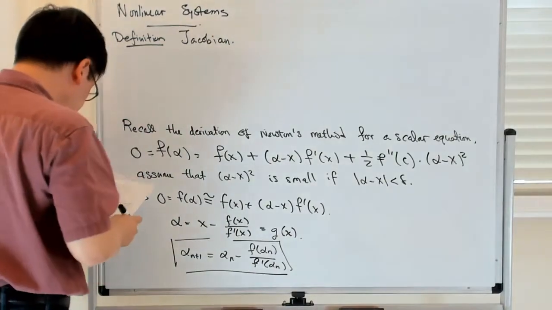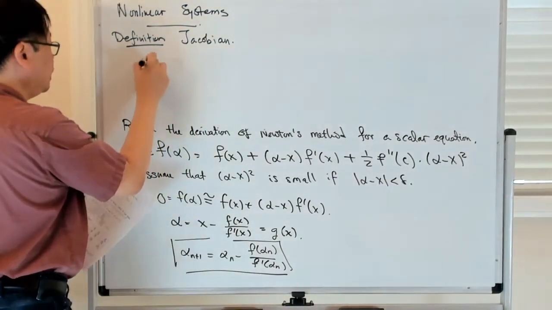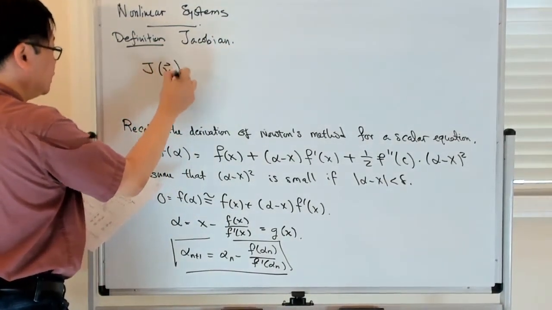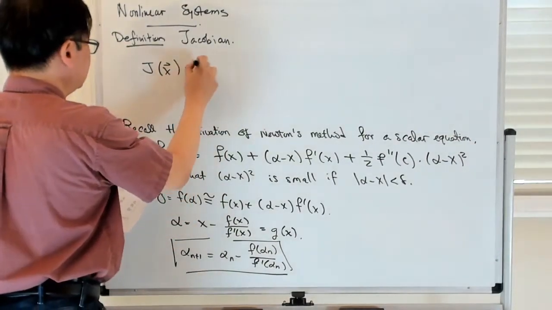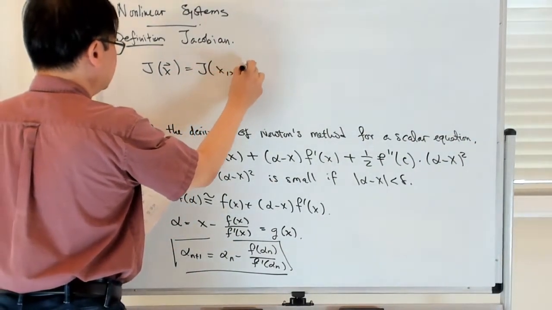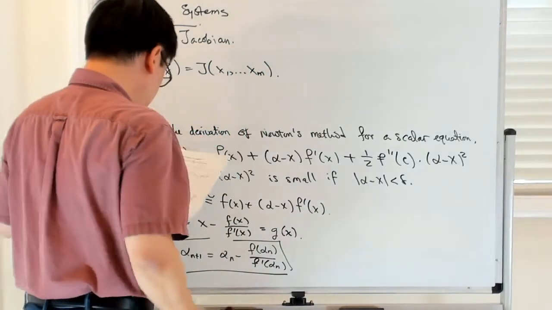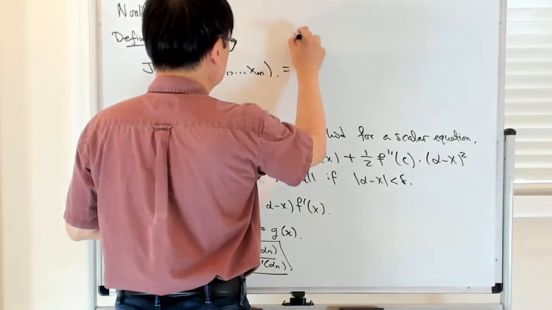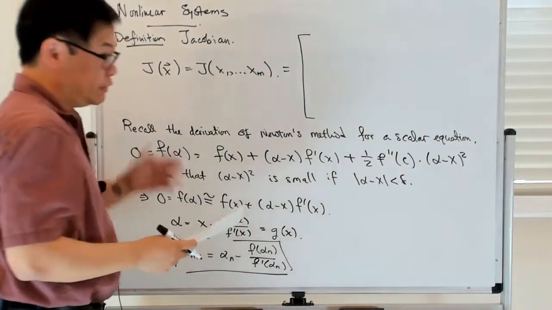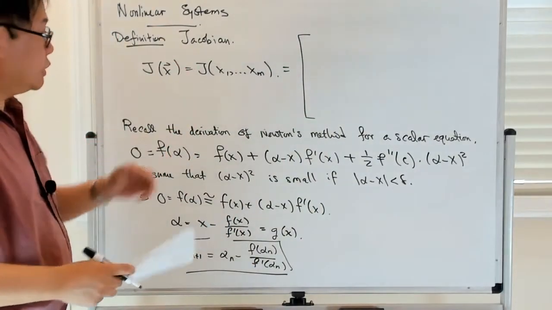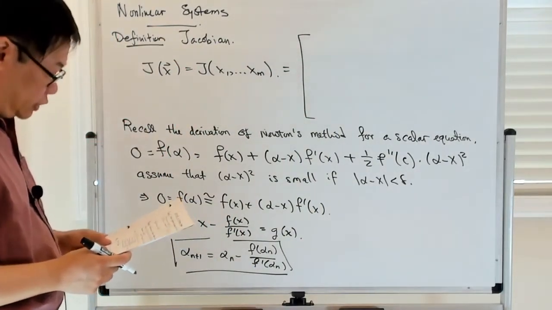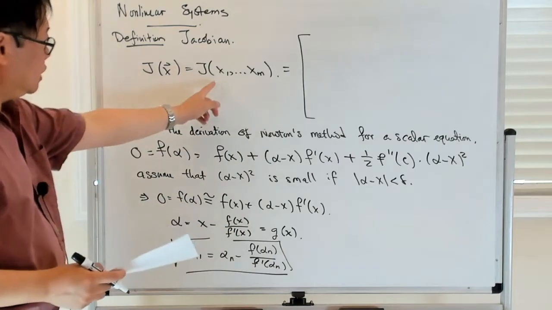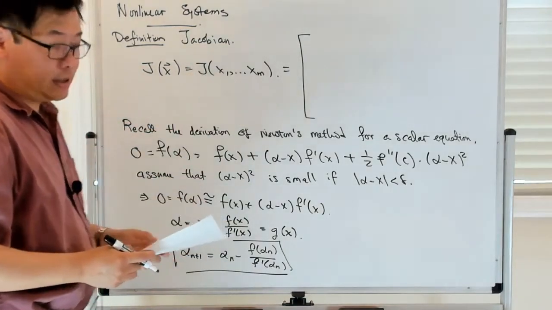The Jacobian is denoted J, and it depends on this vector x, J of x1 to xm, which just involves the partial derivatives of the various components of this nonlinear system of equations with respect to the degrees of freedom, which are x1 to xm.